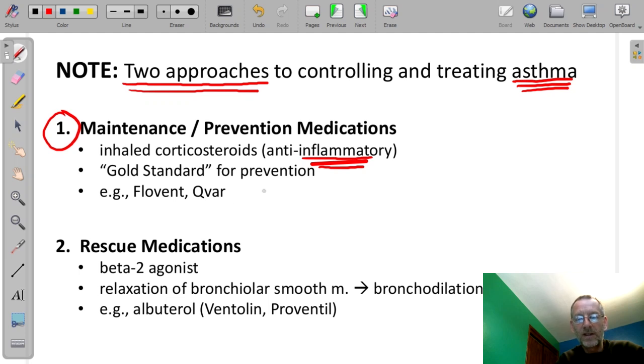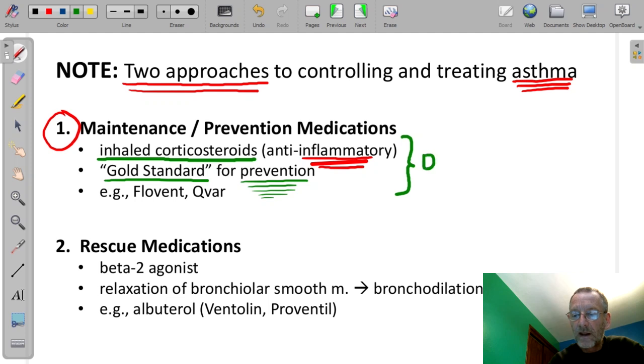So in order to reduce the inflammation, aside from trying to identify the triggers of what's causing it to begin with, the inhaled glucocorticoids are the treatment of choice for preventing asthma. They're sometimes referred to as the gold standard for prevention. Best practice are inhaled corticosteroids, and these are typically taken on a daily basis.